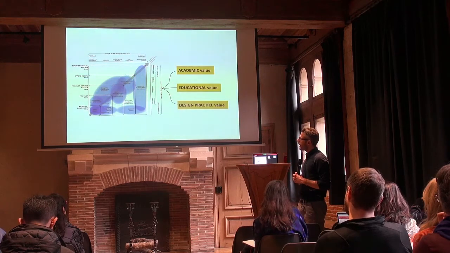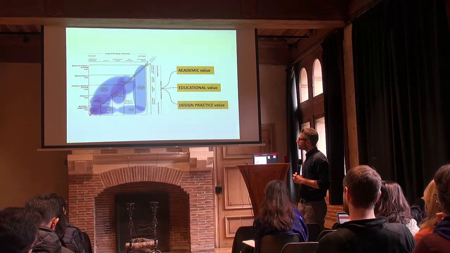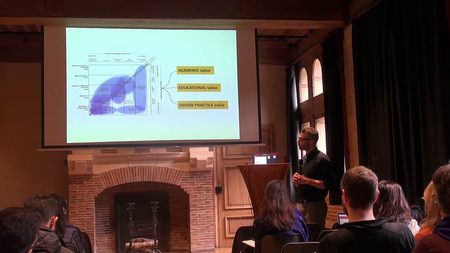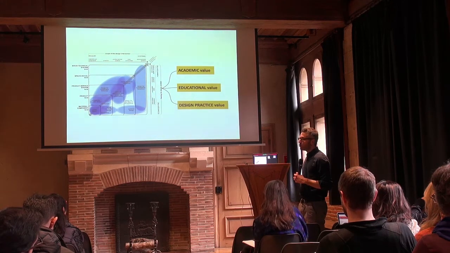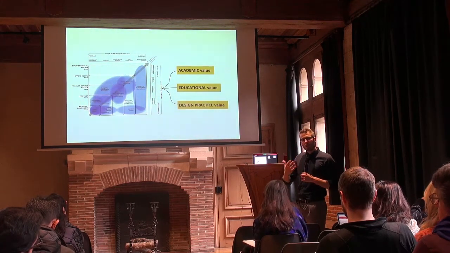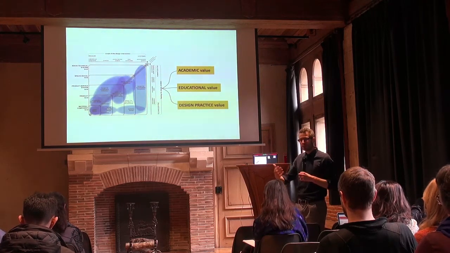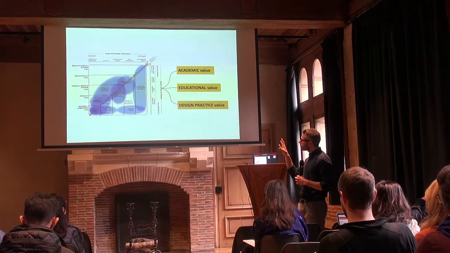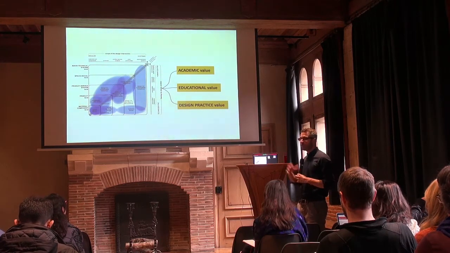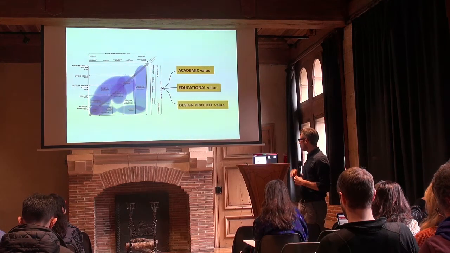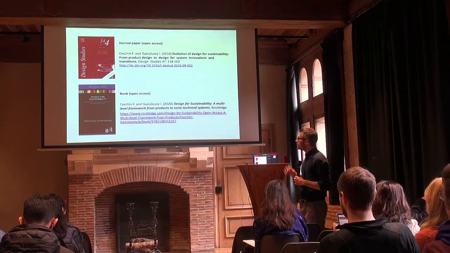And at the design practice level, it can potentially be used by companies and designers to navigate the complexity of design for sustainability, and maybe also as a potential audit tool to understand what the company is currently doing in terms of design for sustainability, in which area a company is operating. This is hypothetical at the moment, but is something that we would like to explore in the future. So I'll conclude now with this slide.